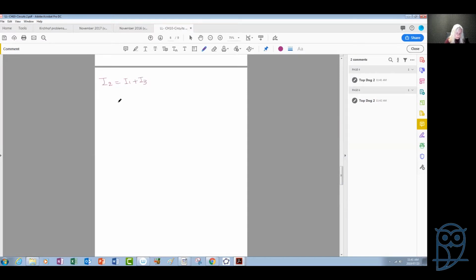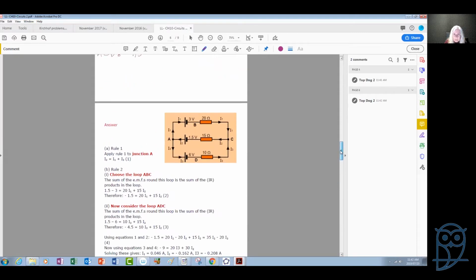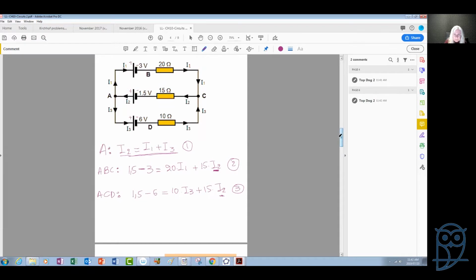The next equation, I hope I write it the same way, was 1,5 minus 3 equals 20 I1 plus 15 I2. Is this correct? Let me see. 20 I1 plus 15 I2. Okay.